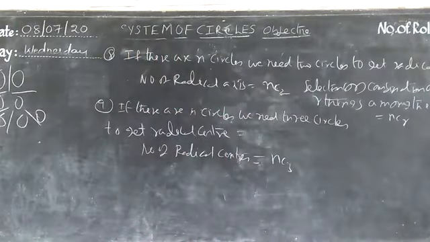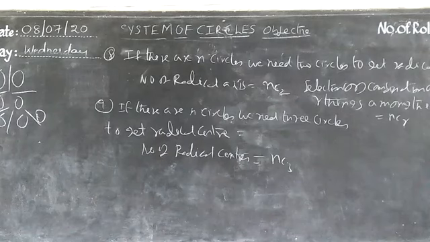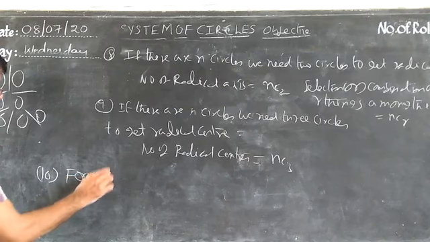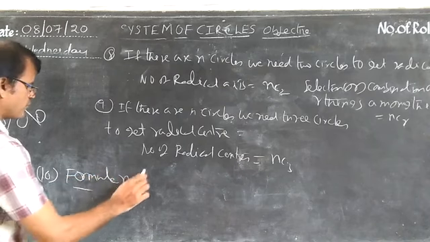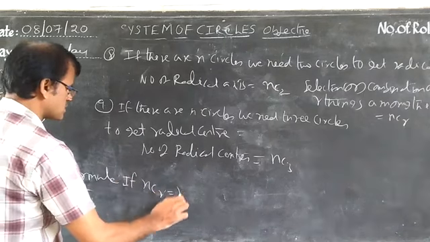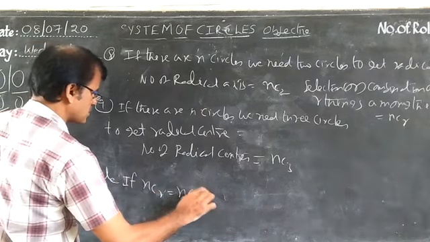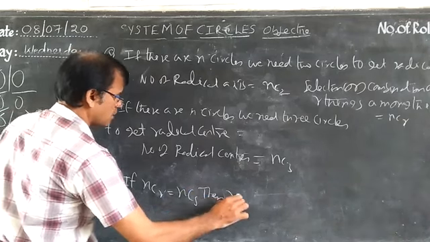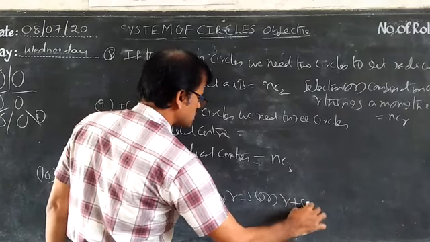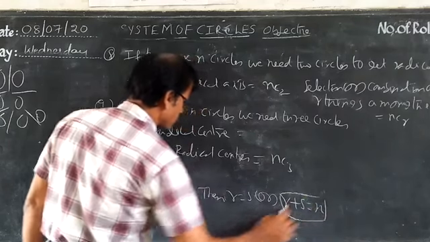In some cases, a question may be given like this: if the number of radical axes equals the number of radical centers. Before discussing it, I want to discuss a formula. If nCr is equal to nCs, then r is equal to s, or r plus s is equal to n.